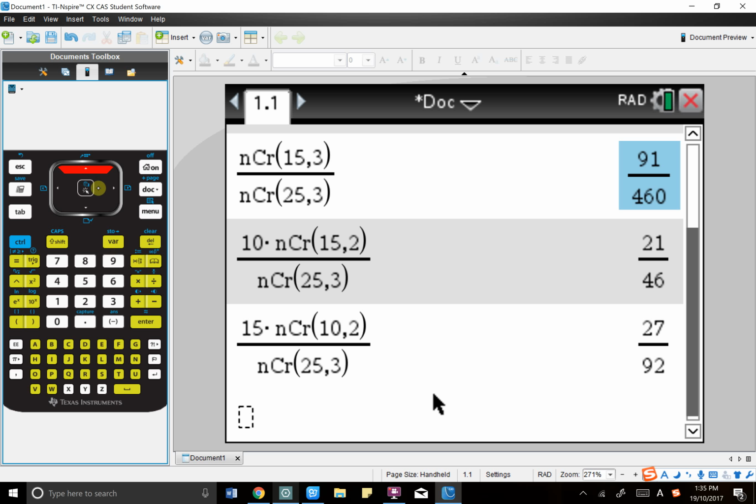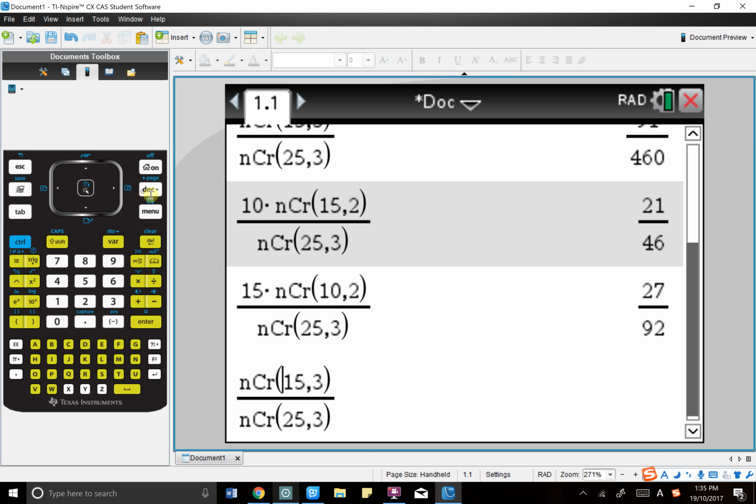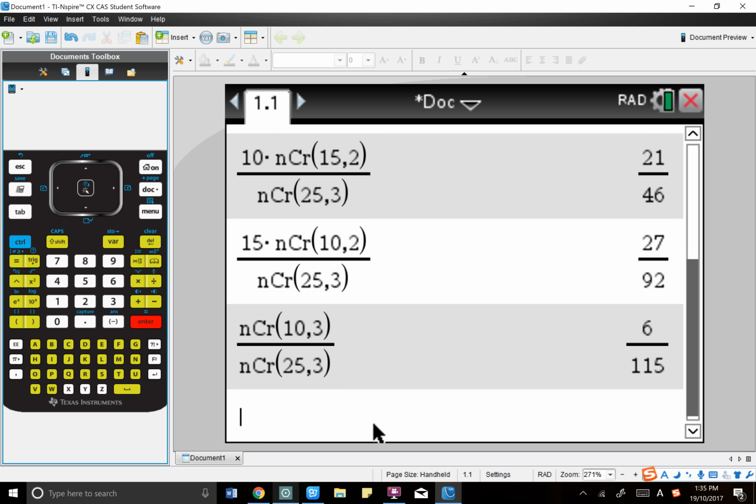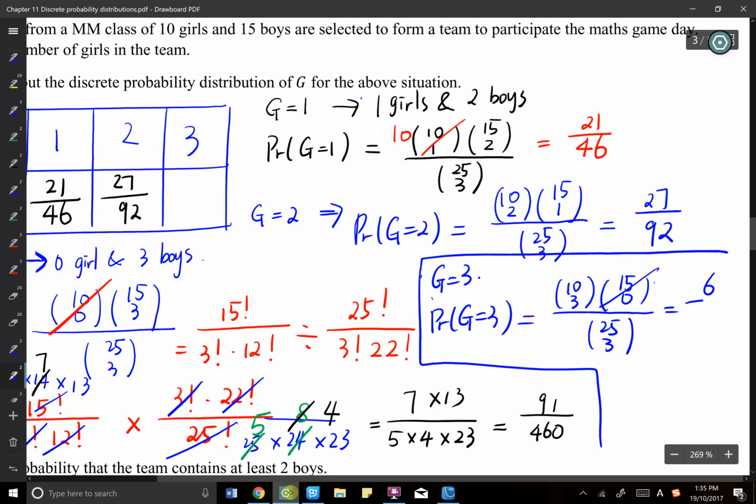It's easier to copy that down, and I have 10 here. There's 6 on 115.